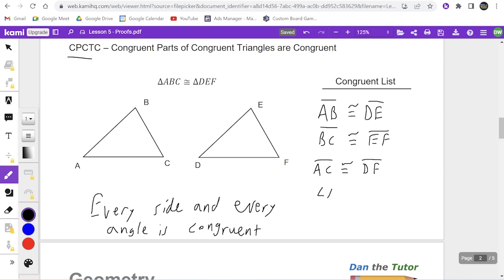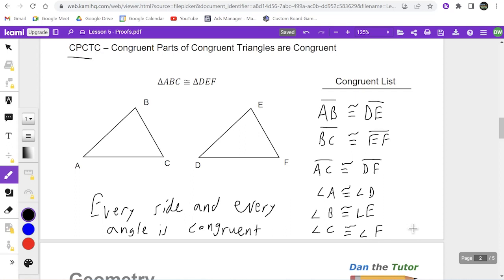We would say angle A is congruent to angle D. We would say angle B is congruent to angle E. And the last one, angle C, is congruent to angle F. And all 6 of these things are true if you say the triangles are congruent.